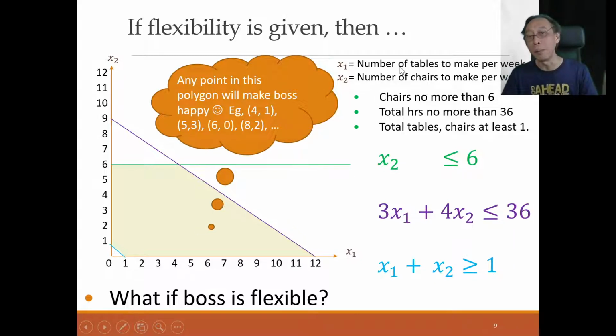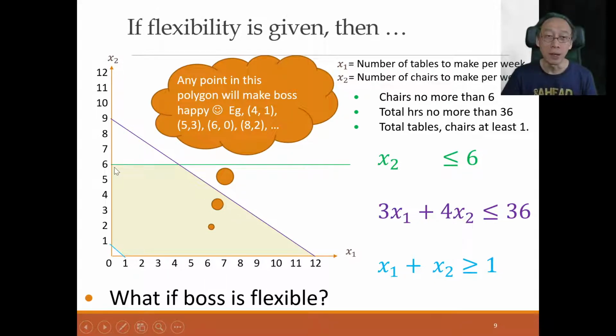Even though, of course, when we apply to real life, the number of chairs and tables may be integer, fractional chairs or tables per week is a rate of production, and we can interpret it as, for example, if x1 were to be 1.5, we can interpret it as making 3 tables in 2 weeks. And that kind of rate of production is always doable. And so it's not impossible to accept x1, x2 being fractional.